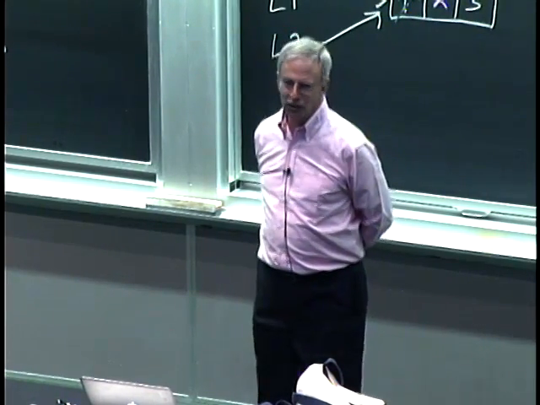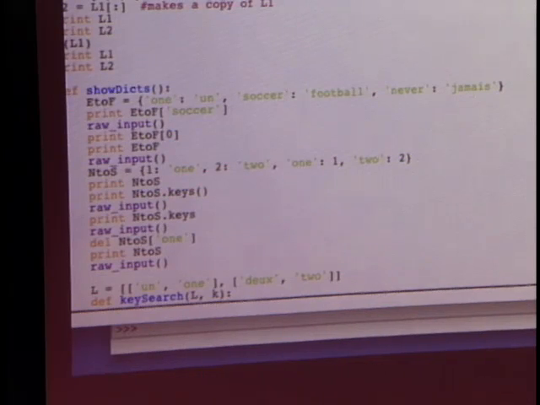The key soccer corresponds to the French word football, etc. It's kind of bizarre, but the French call soccer football. And then I can index in it. So if I print e to f of soccer, it will print the string football. So you can imagine that this is a very powerful mechanism.